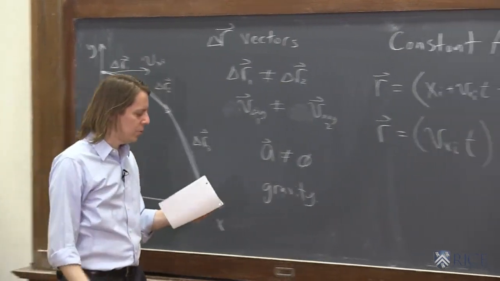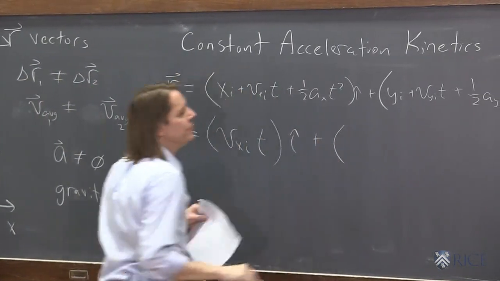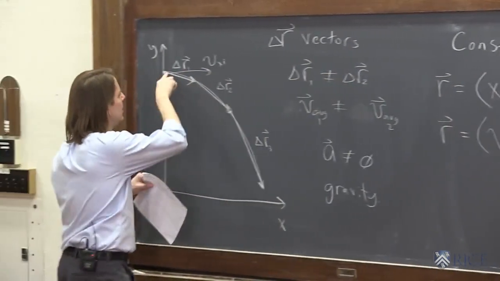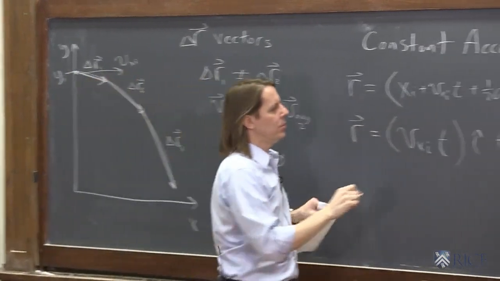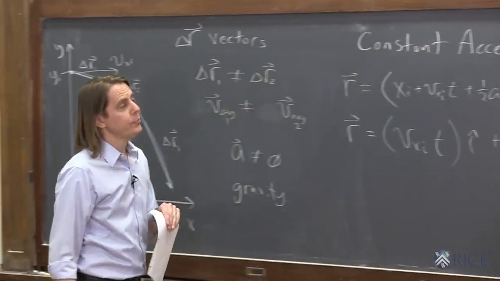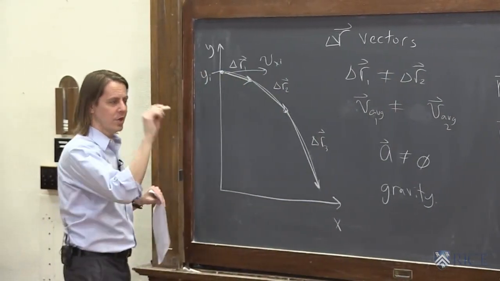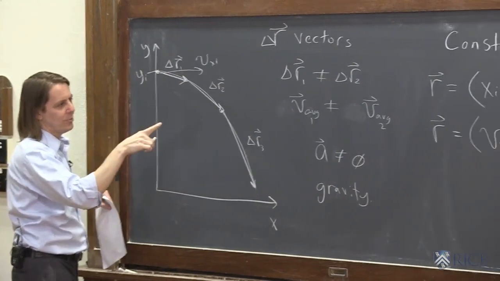So that's the only thing that goes on the x, i hat, plus y direction, we did have an initial yi. Right? So yi would go here. We had no initial velocity in the y. We shot it straight. All the initial velocity was in the x, so nothing in the y. So that term is 0.